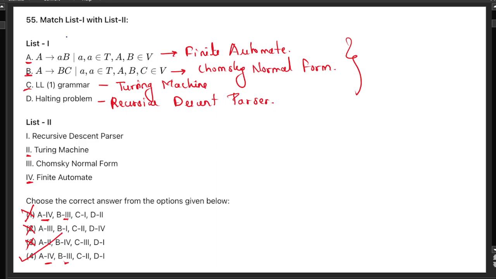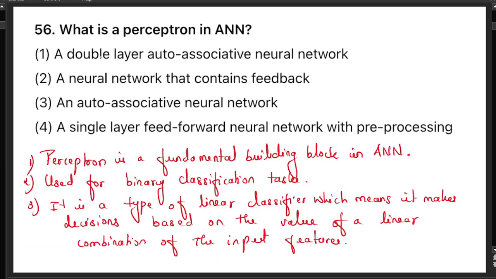So option A says a double layer auto associative neural network. This does not accurately represent a perceptron, because perceptrons are not auto associative and typically do not have multiple layers. So that is why here we will not say option A is correct.